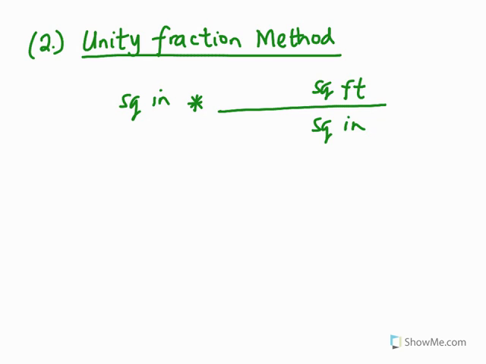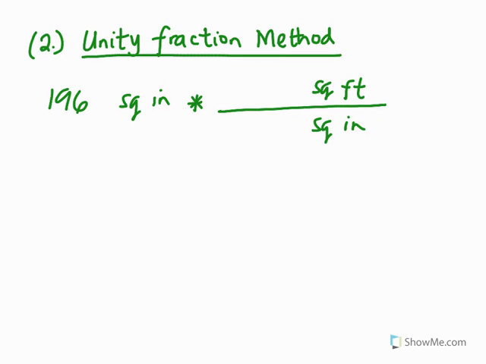So I was given 196 square inches, right? So I'll write the 196 square inches first, then times a fraction bar, and at the denominator I will write square inches, because my goal is for it to cross out, and then I will be left with square feet.